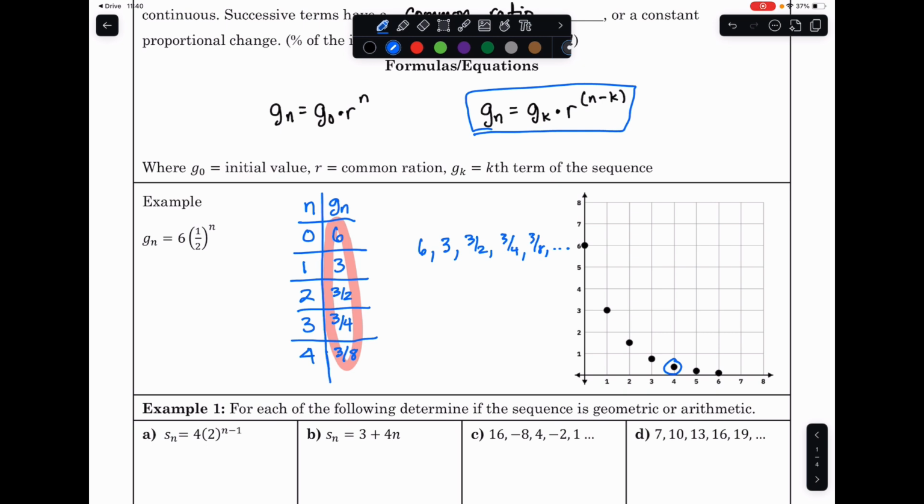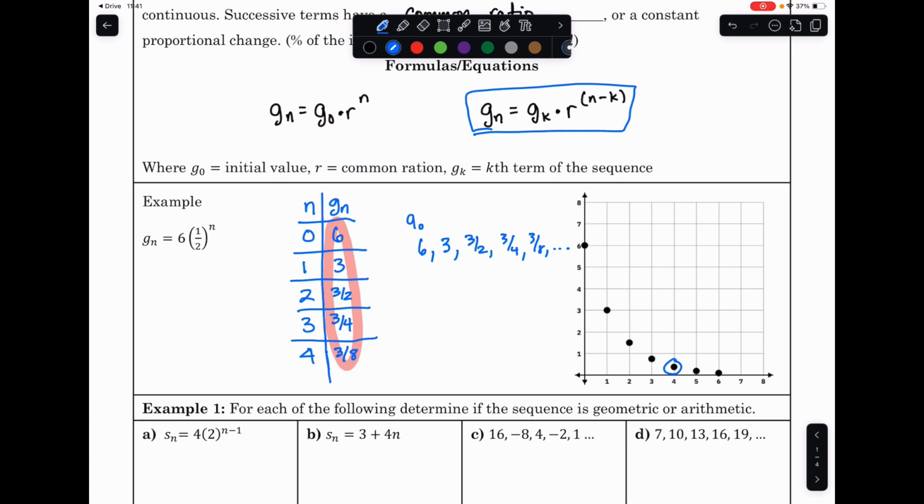Now look at the common ratio. We can initially see again that this is g of 0, the initial value. To get the common ratio, all we have to do is get any number in the sequence and divide it by its previous number, because it's going to be a proportional change.